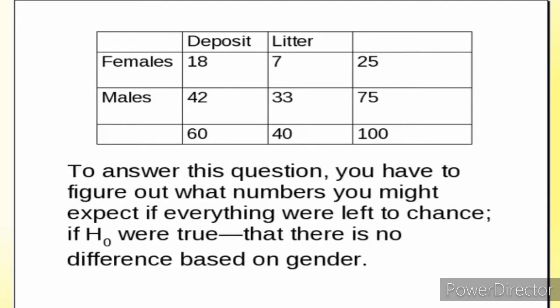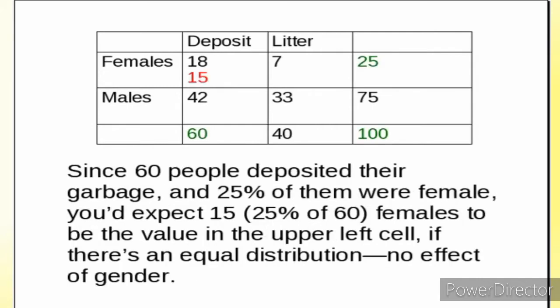To answer this question, you have to figure out what numbers you might expect if everything were left to chance. That is, if the null hypothesis were true, that there is no difference based on gender. In that case, you would expect the responses to be equally distributed through all the possibilities. So since 60 people deposited their garbage, that's the total for this column, and 25% of them were female, you would expect, by pure chance, 15, or 25% of 60 females to be in this value here in the upper left cell.